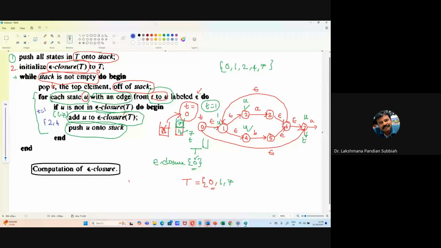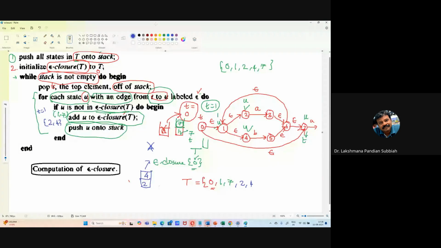Then, with U as 2 and 4, you include them in T and push 2 and 4 onto the stack. Now you repeat the same steps. You pop 4; from 4 there is no epsilon edge.